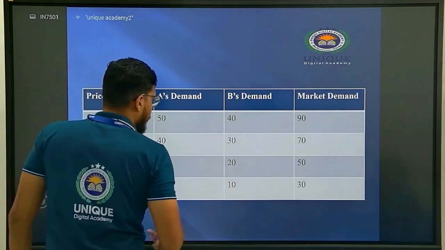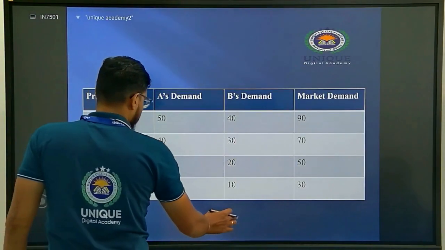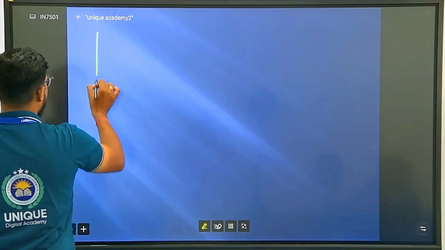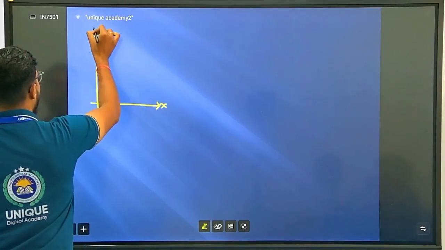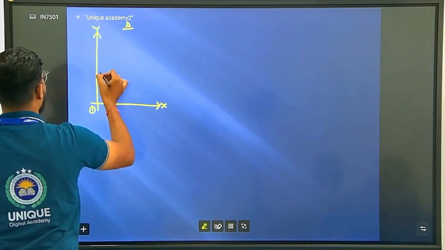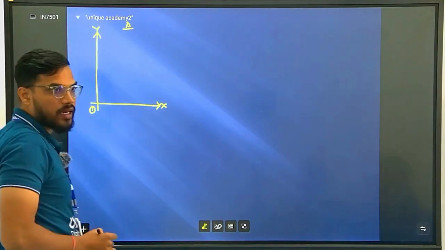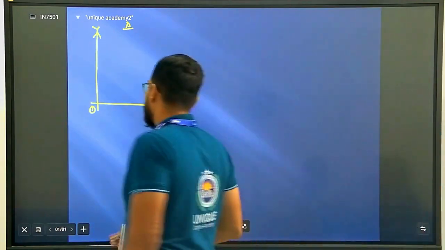So, same interpretation in your figure. The demand curve is always sloping downwards from left to right.